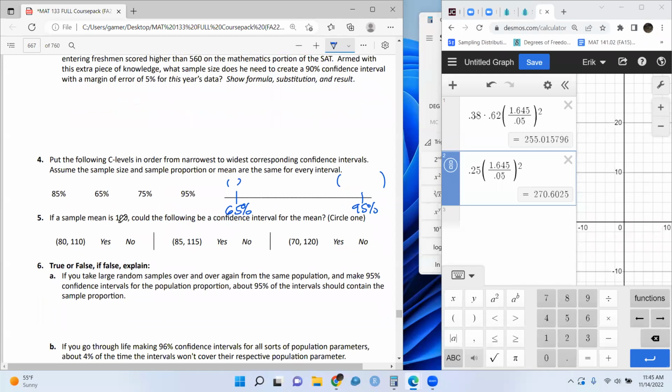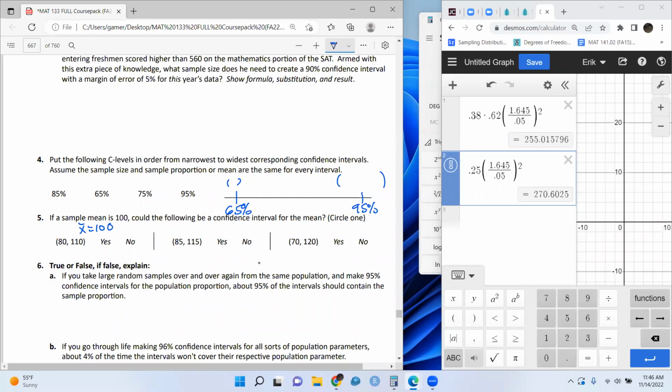Okay, if a sample mean is 100, could the following be a confidence interval for the mean? Interesting. Remind me, where is the X bar or the point estimate within a confidence interval?